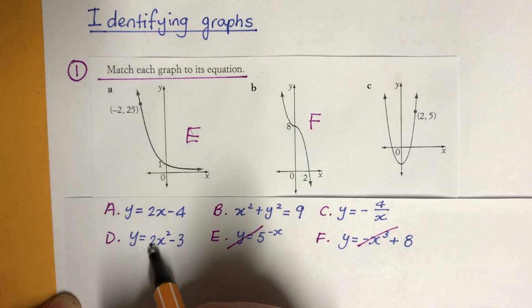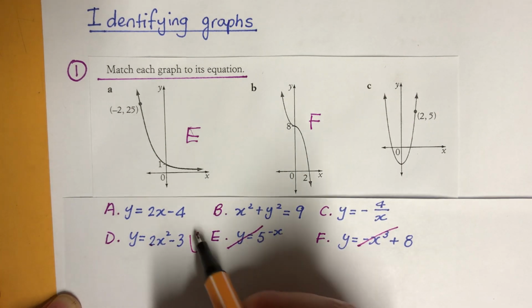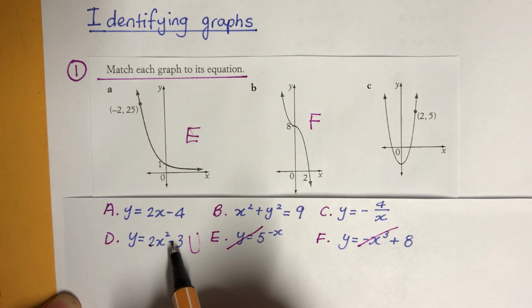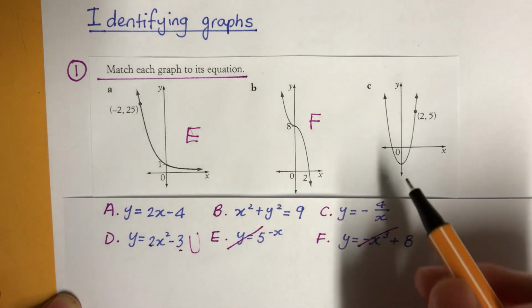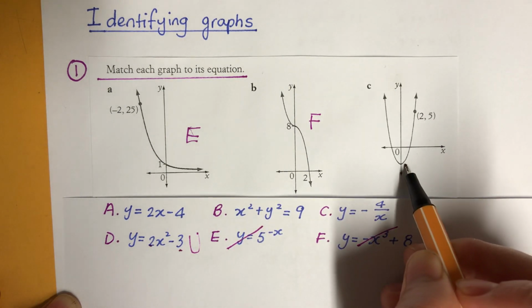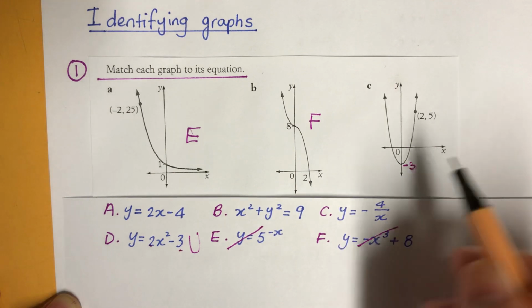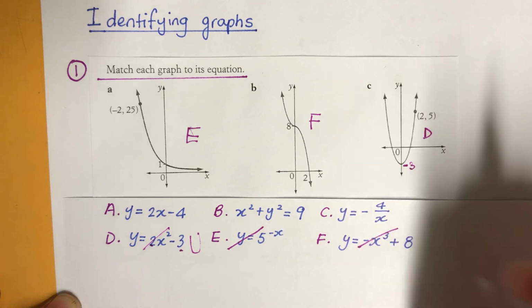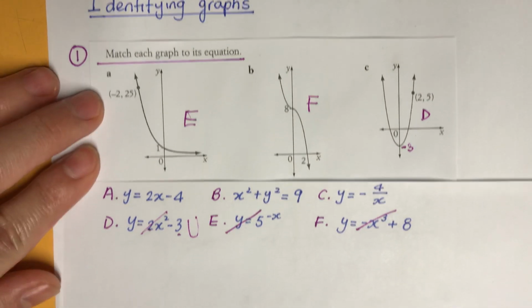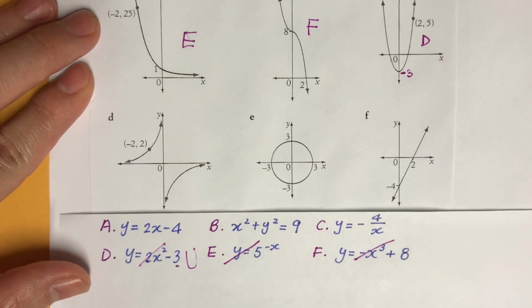And 2 is positive, so it's going to be concave up. And there's a minimum value, which is a y-intercept, is -3. So that looked like about -3 there. And that's what's matching up. So I'm going to put D here.